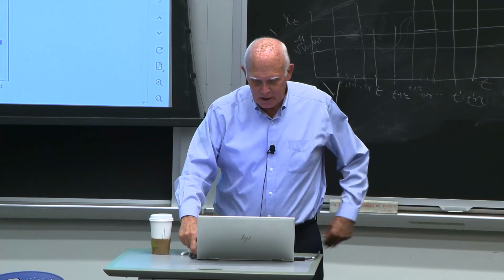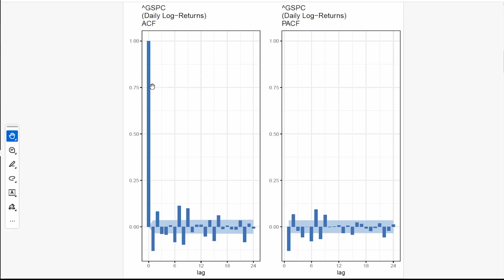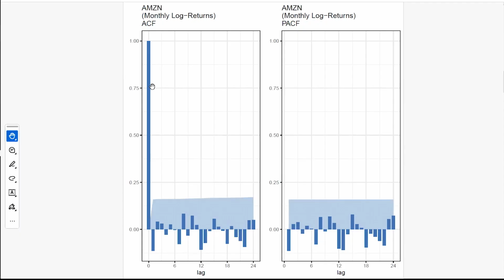But let's take a look at these other series. Here's the daily series with the S&P 500. And you can see there are actually some reasonable, strong autocorrelations. Here's Amazon stock.